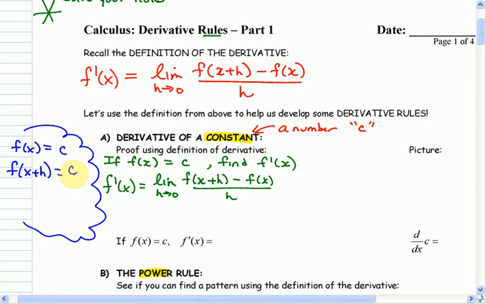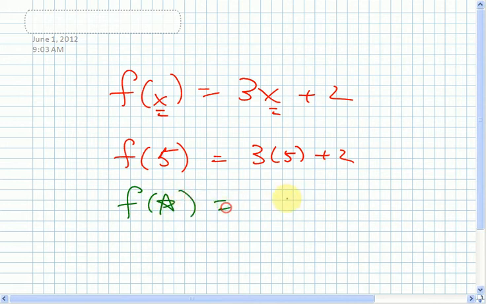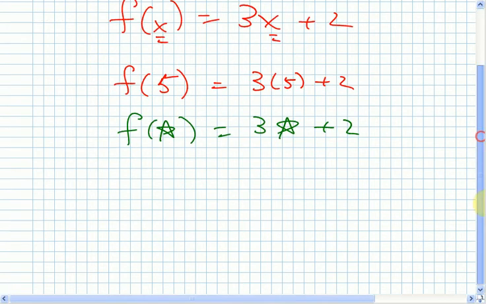Remember the idea of function notation, and let's just quickly review. For function notation, let's say I had f of x equals 3x plus 2. That means wherever you see x, you replace it with what's inside. So f of 5 will become 3 times 5 plus 2. If I gave you f of star, that would be 3 times star plus 2. But my function now is f of x equals c.